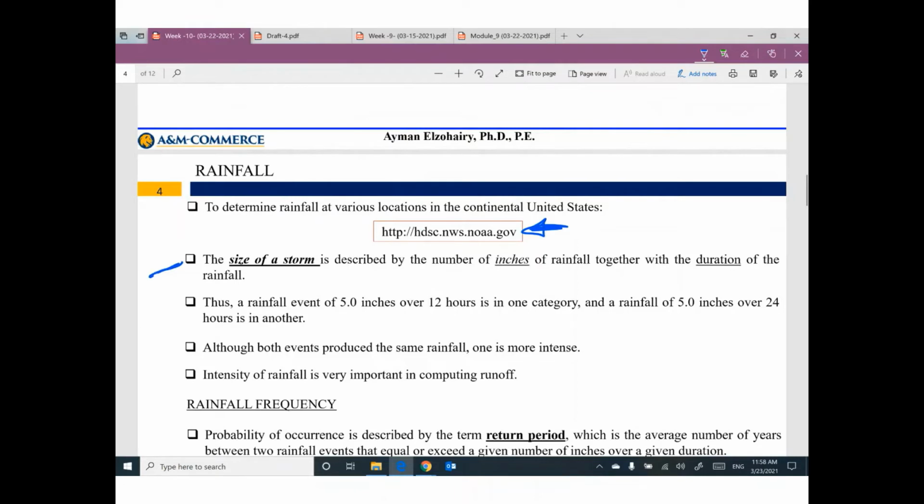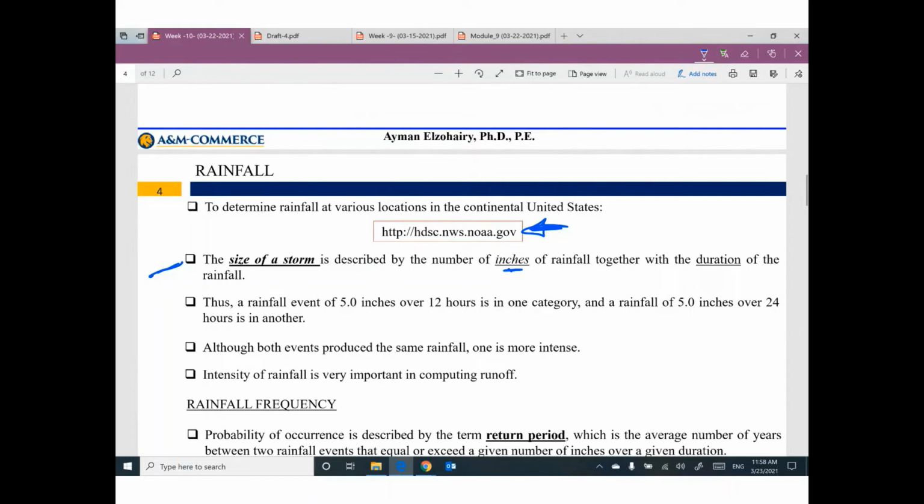The size of a storm is described by number of inches. We have a rainfall tomorrow. So what do you think about this rainfall? How many inches will be collected from this rainfall?